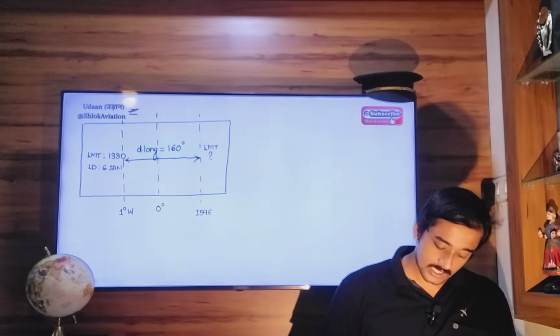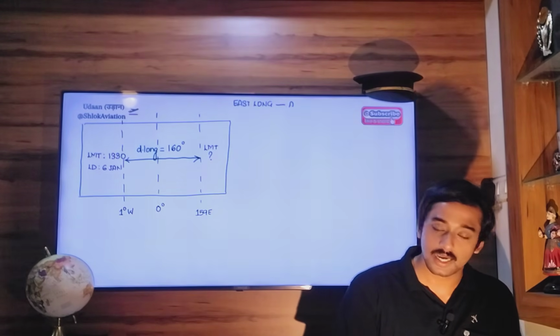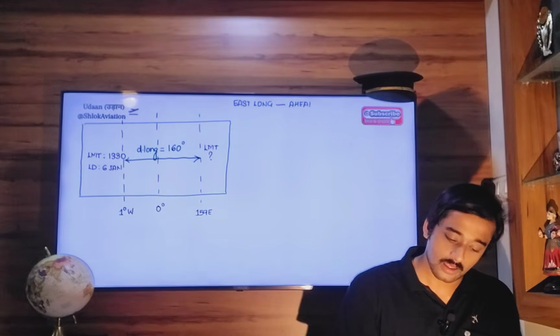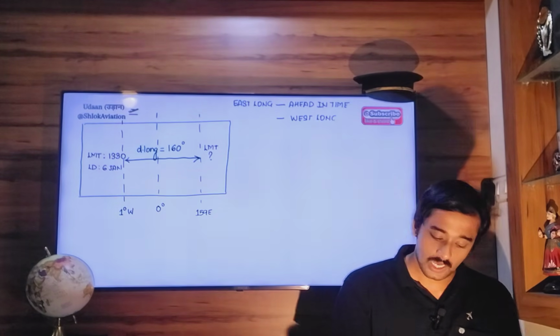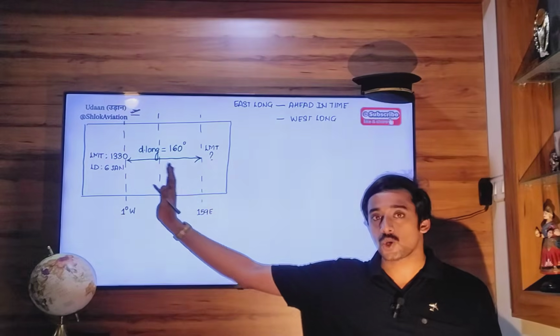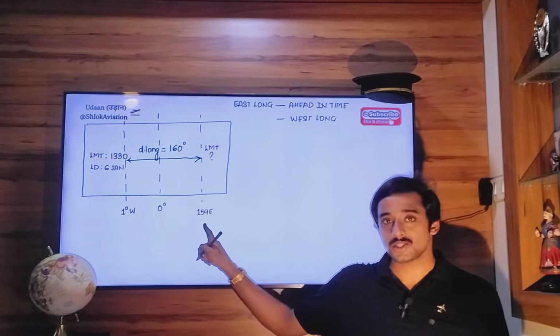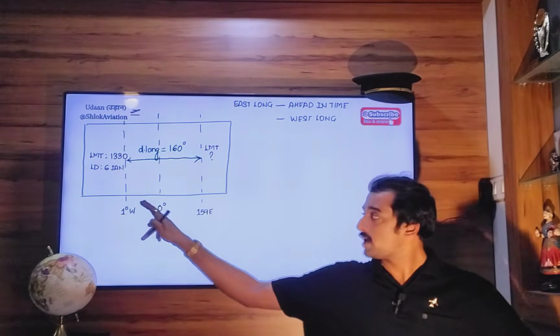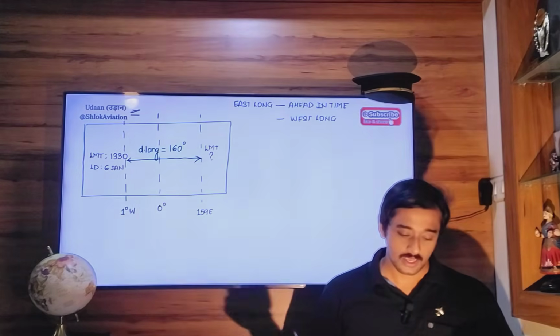Now we know that east longitudes are ahead in time compared to their western longitudes. So now here 1 degree west is to the west of 159 degree east. That means the timing at 159 degree east will be ahead of the timing at 1 degree west. So it will be more than 1330.